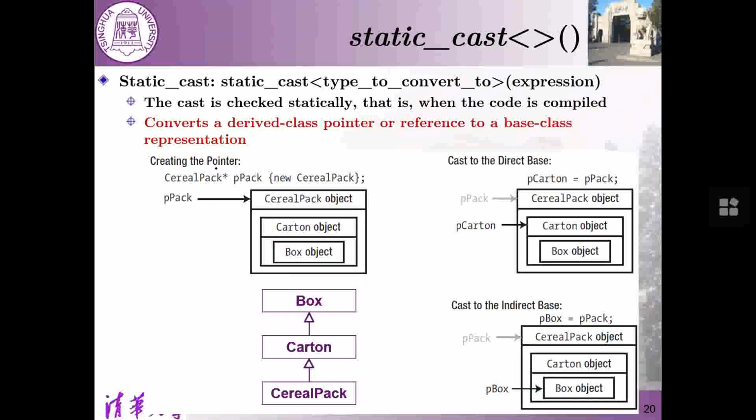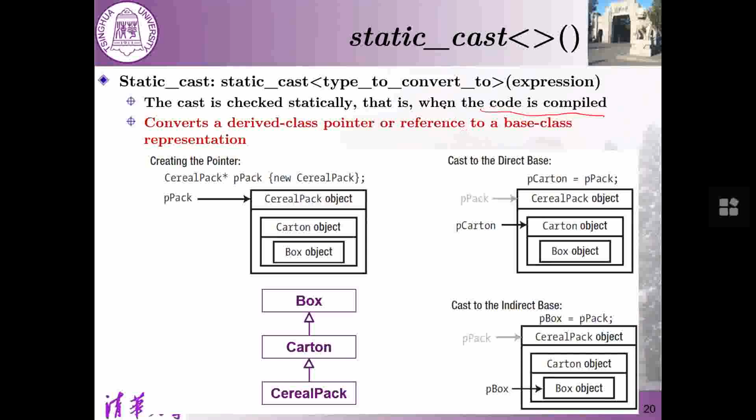We learn something related to static cast and dynamic cast. Static cast is to cast statically. That means it is done during compilation, right? So the cast is checked statically when the code is compiled.